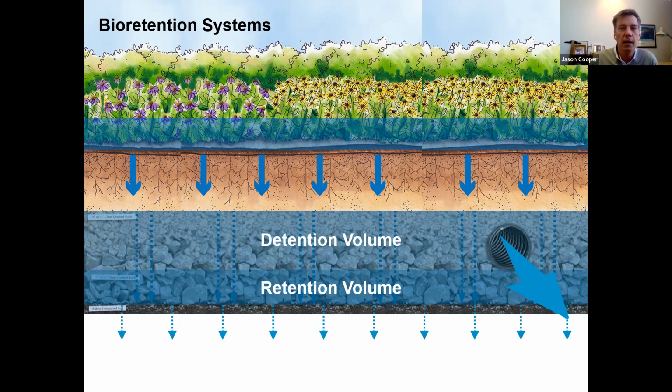And above that is a soil layer, and the soil layer above that is an engineered mix generally. So not native topsoil, but a combination either of topsoil or some other high organic content soil plus sand. And the plus sand is really important because this is a highly permeable environment where water moves through really quickly.